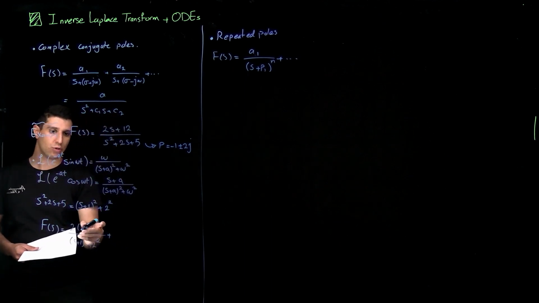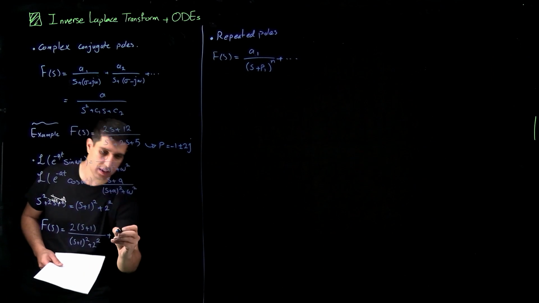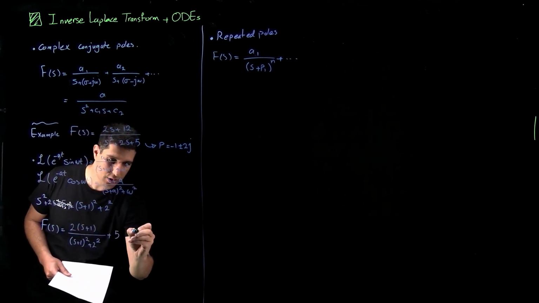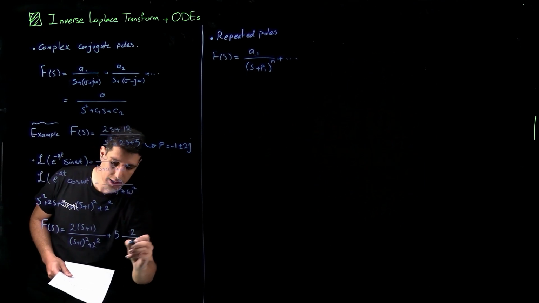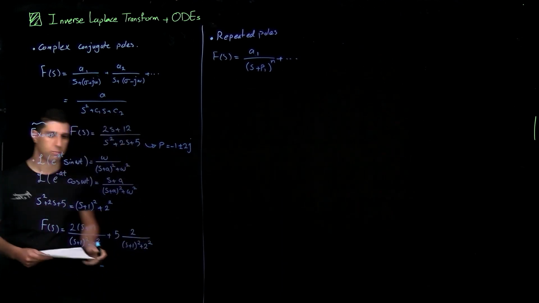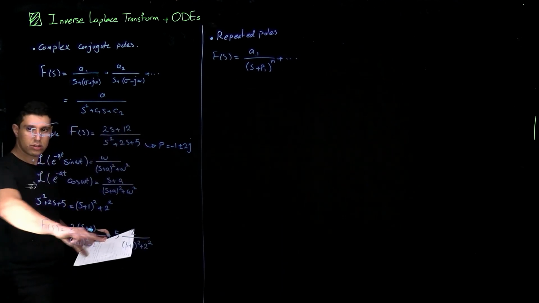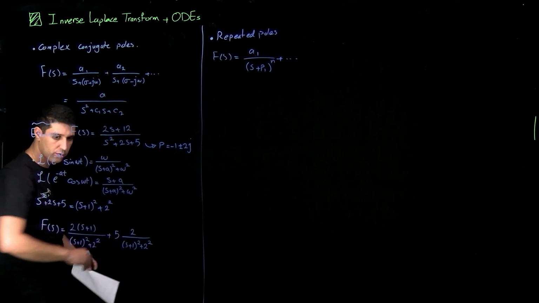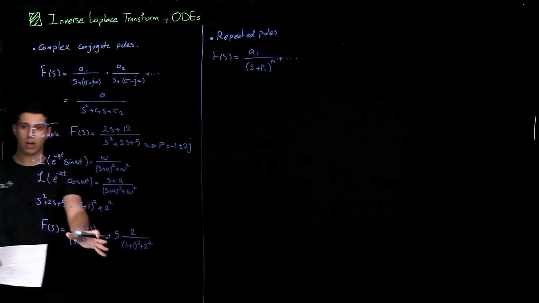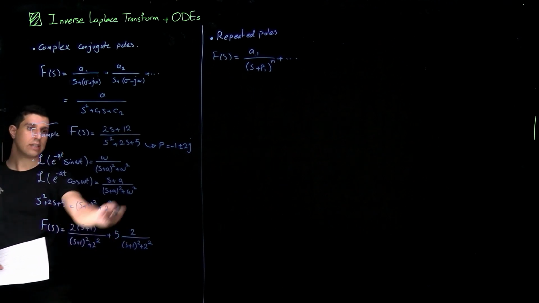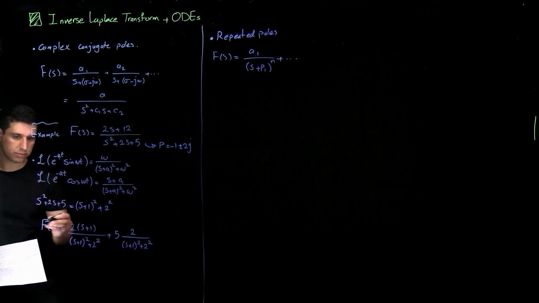And again, to be more consistent, I'm going to take out a 5 from here, giving 5 times 2 divided by (s plus 1) squared plus 2 squared. Just go over this again on your own and make sure you follow how we arrived at this. And now this is exactly the same form as those in the table.